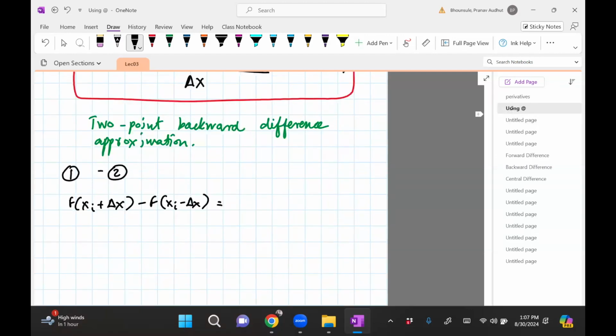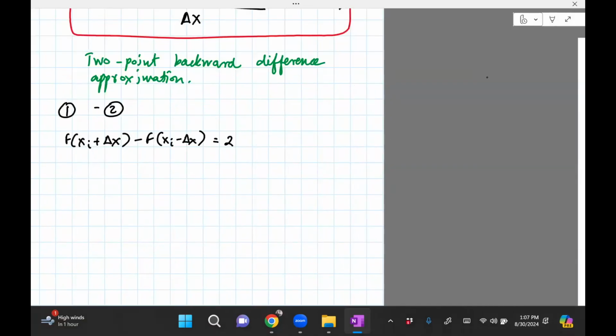So I'm just going to write the expression, but you can reason it out later on. Here is what you get: 2 delta x f prime of xi plus the second order term goes away, so we are left with 2 delta x cubed over 3 factorial, and then f triple prime of xi plus so on.